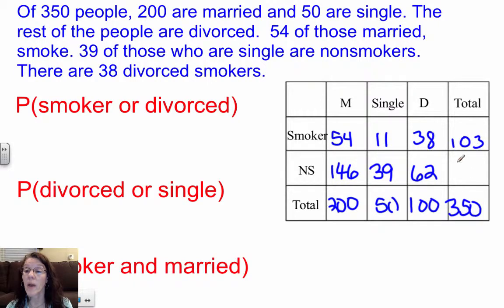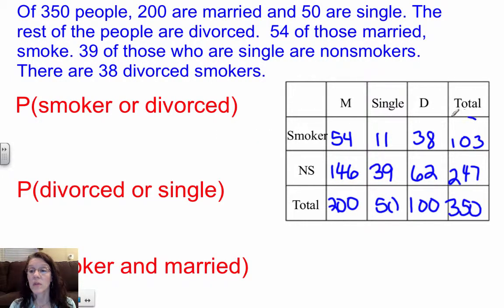Now we could work backwards here. This should be 247. And double check. Does 146 plus 39 plus 62 equal 247? I think it should.